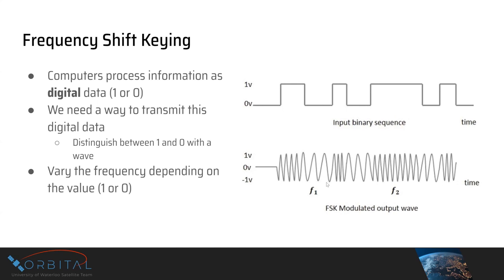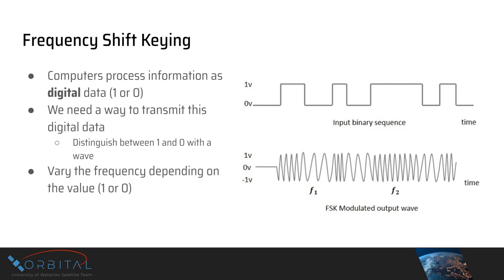There are modulation schemes out there that support more than just ones and zeros, but we don't have to go into that, because for Orbital, we only use two FSK, meaning two symbols, meaning ones and zeros.